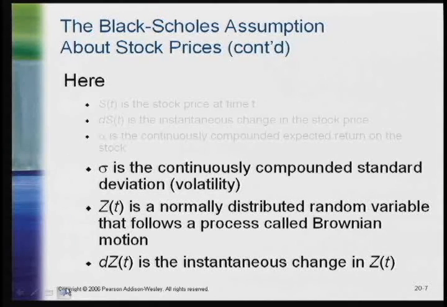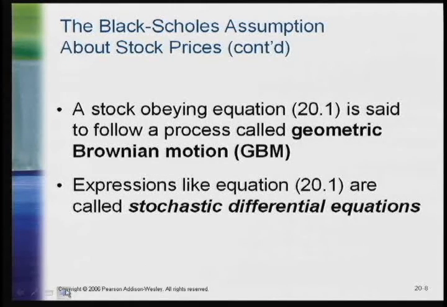And dz is sometimes called Brownian motion, and it is, in essence, the instantaneous change in a process that has the property that at each point in time it's a random variable that's normally distributed. So we'll need to study what that means a little bit more.